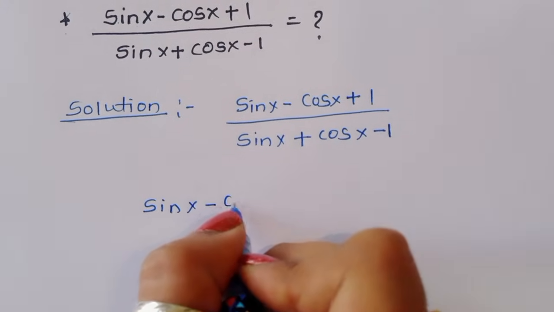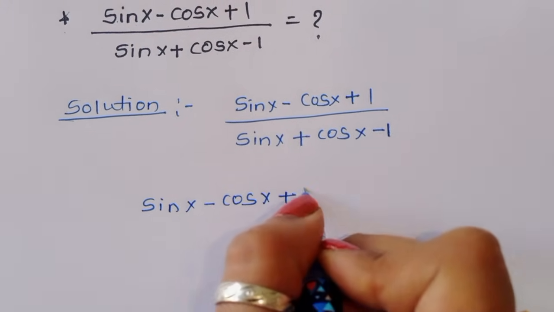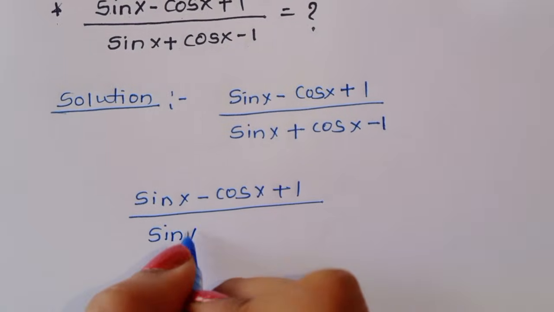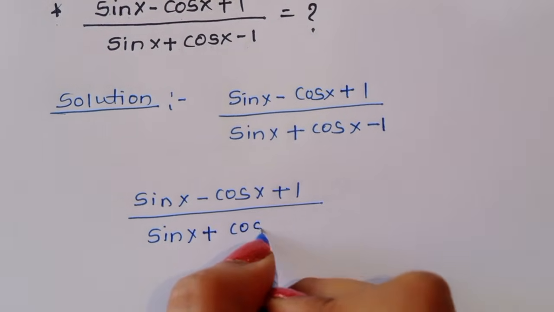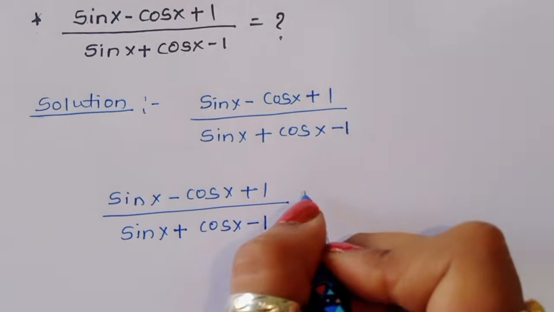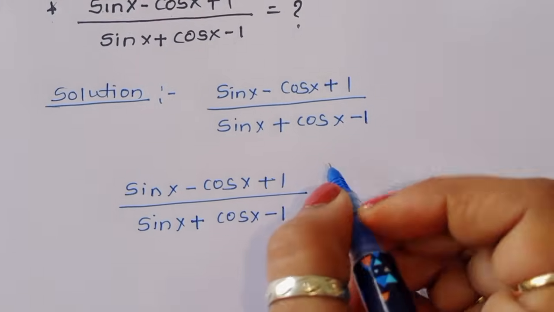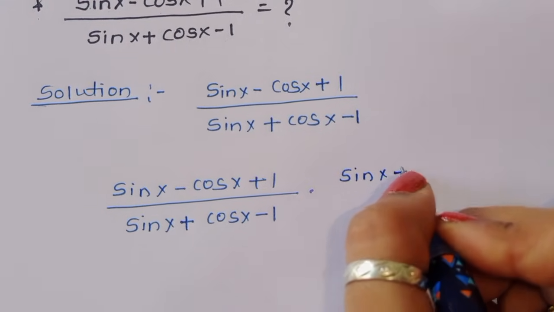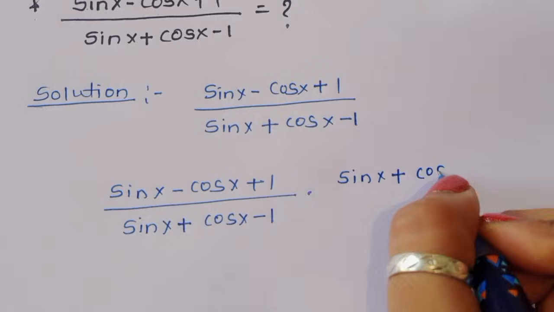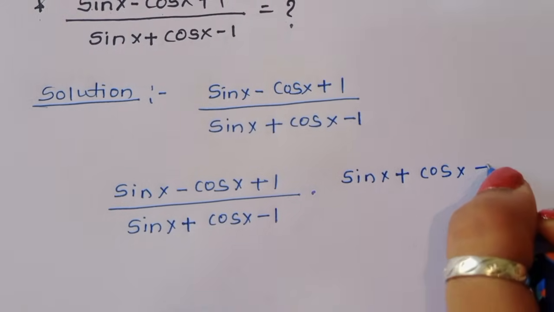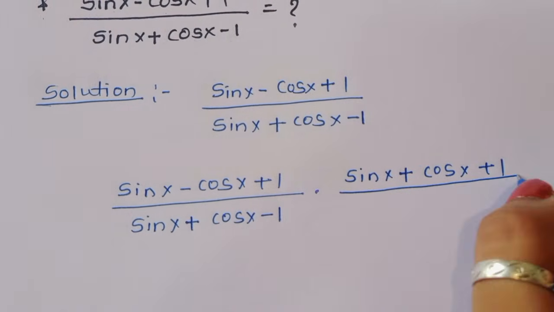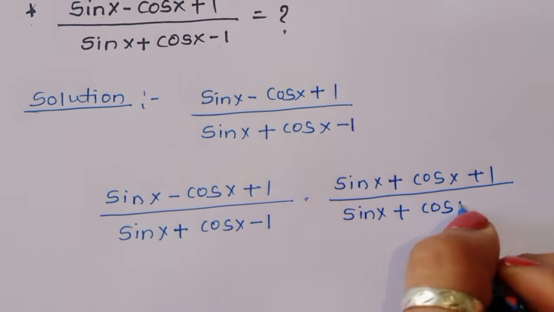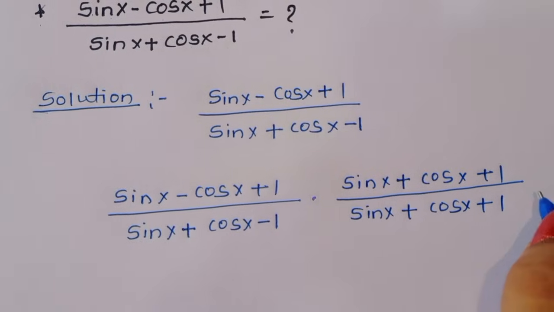(sin x minus cos x plus 1) divided by (sin x plus cos x minus 1), times, we have to multiply both numerator and denominator with sin x plus cos x plus 1, right?